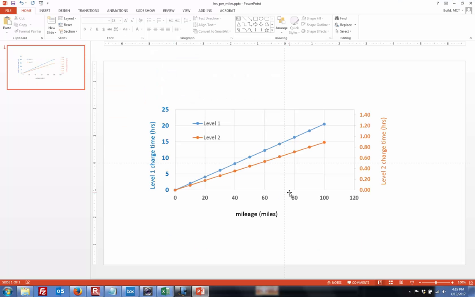Kind of cool. So if you want to go 40 miles and you've got the slow charger, it's going to take you 7 or 8 hours to charge. If you've got the fast charger, you're looking at 1/3 of an hour, 20 minutes. Wow. Yeah, some juice.